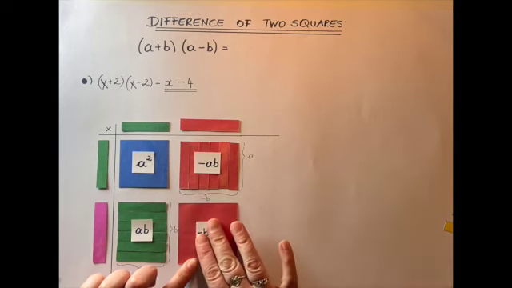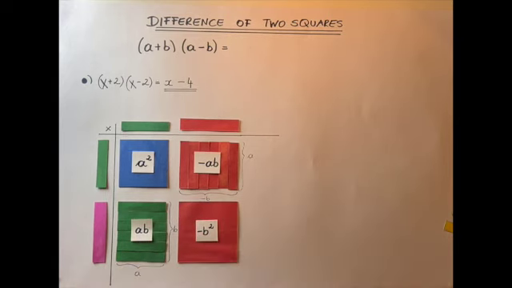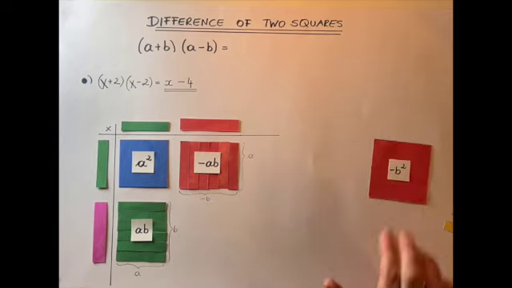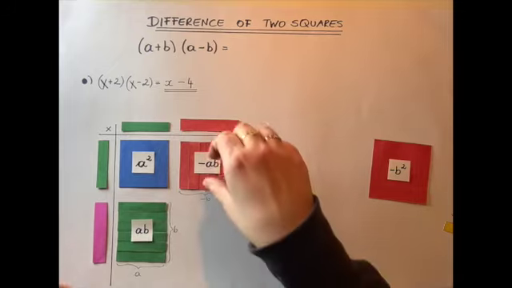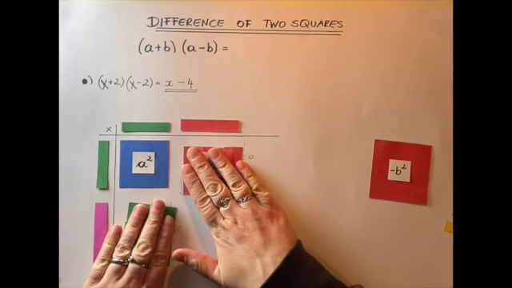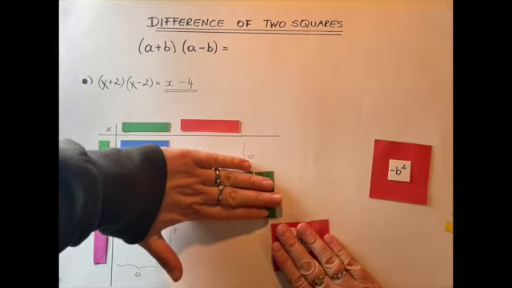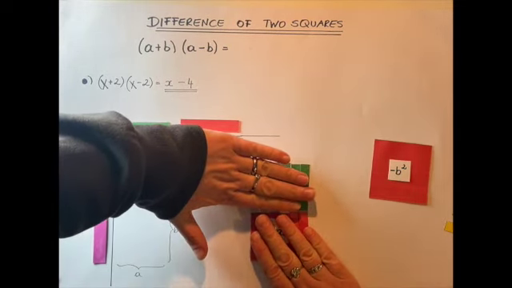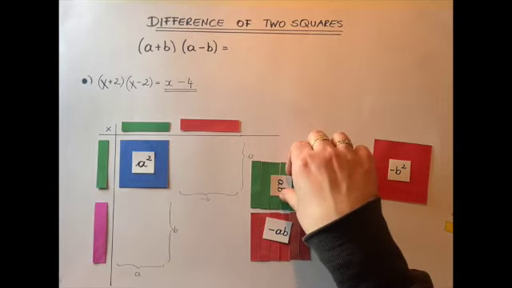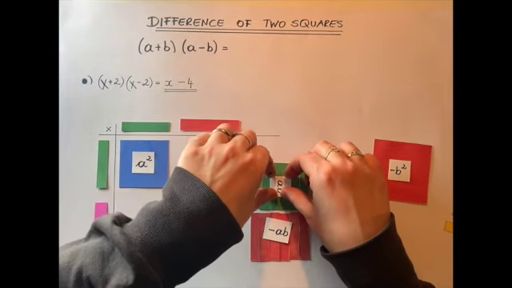So what have we got here for our general rule? Let's have a look. Got a b squared. And I have got now all these tiles making AB and negative AB.